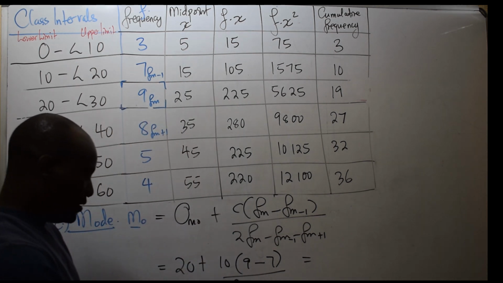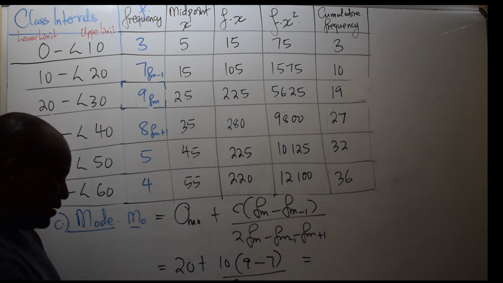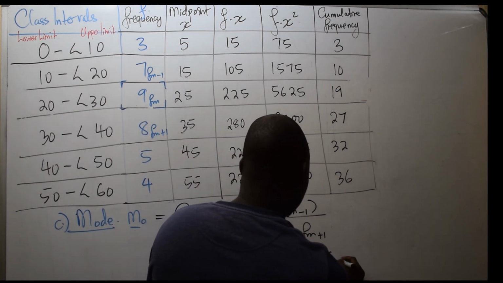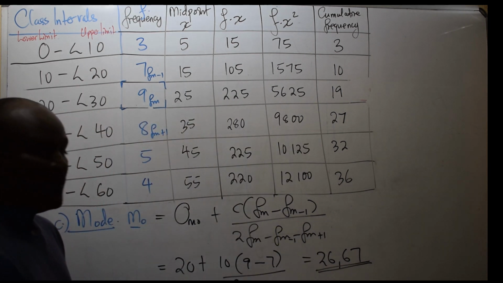So this equals, you do your calculation, 2 times 10 is 20. 20 divided by, in brackets, 18 minus 7 minus 8, close the bracket, that will be 6.67, and we add it to the 20, so this is going to be 26.67, to the nearest, that's in minutes.